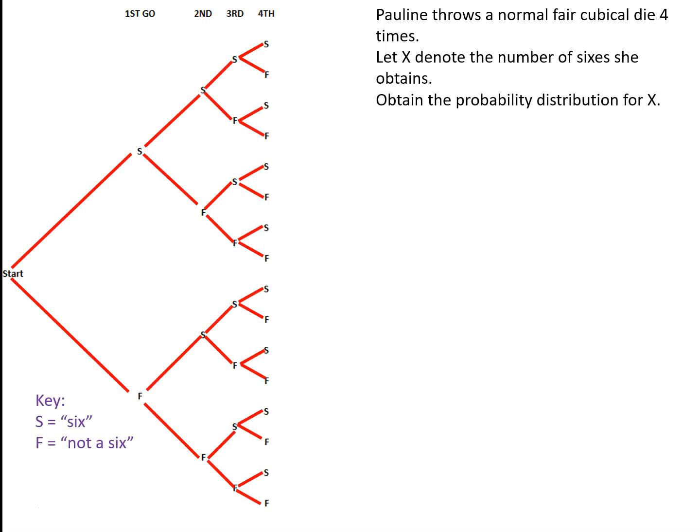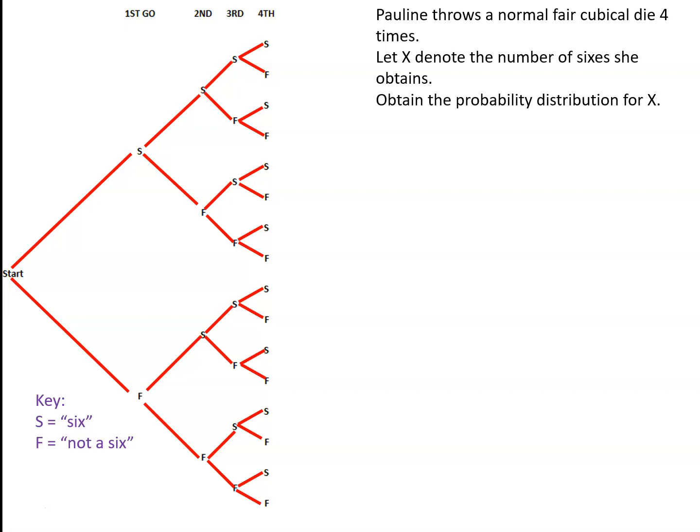So for a 4 throw problem, we could illustrate the different possible outcomes using a tree diagram. And we're using a key at this stage that S stands for Pauline obtaining a 6, and F stands for a failure.